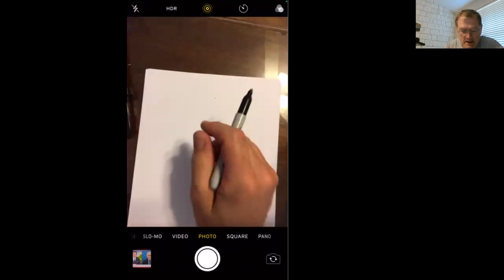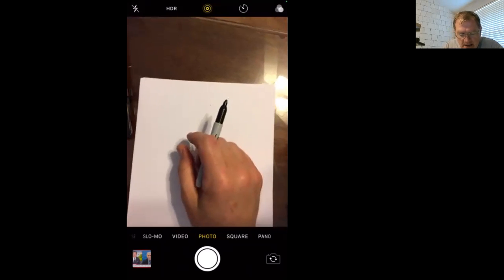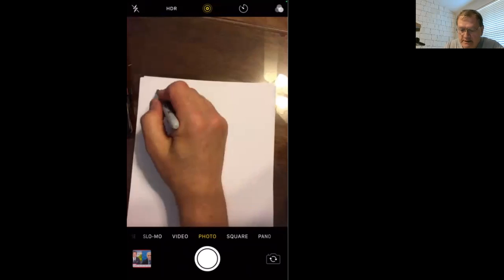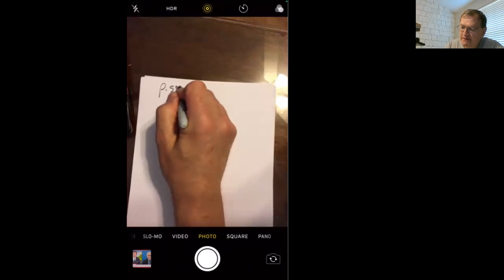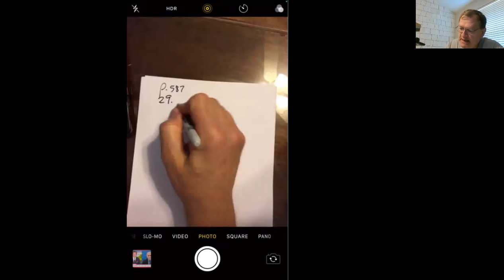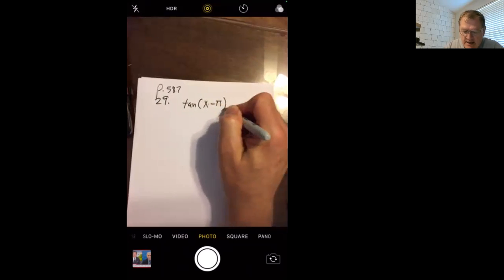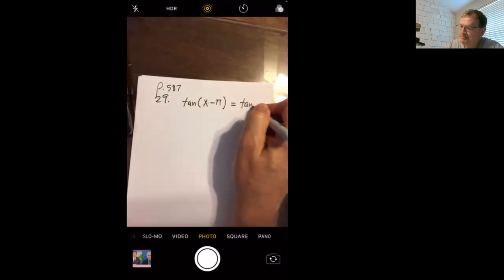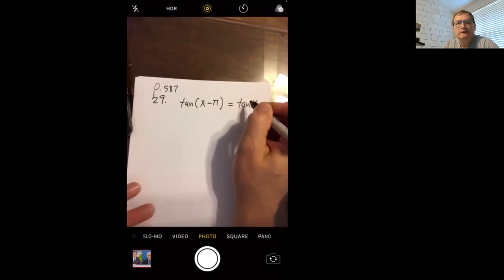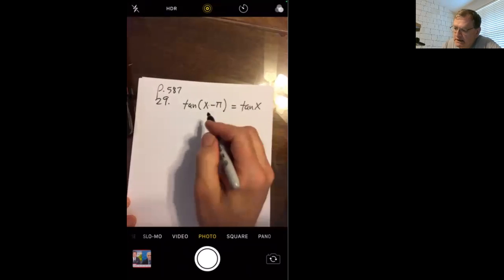All right, then the next column has more identities. I think I remember 27. 29, page 587, 29, take a tangent of x minus pi, and it's supposed to be equal to tangent x.